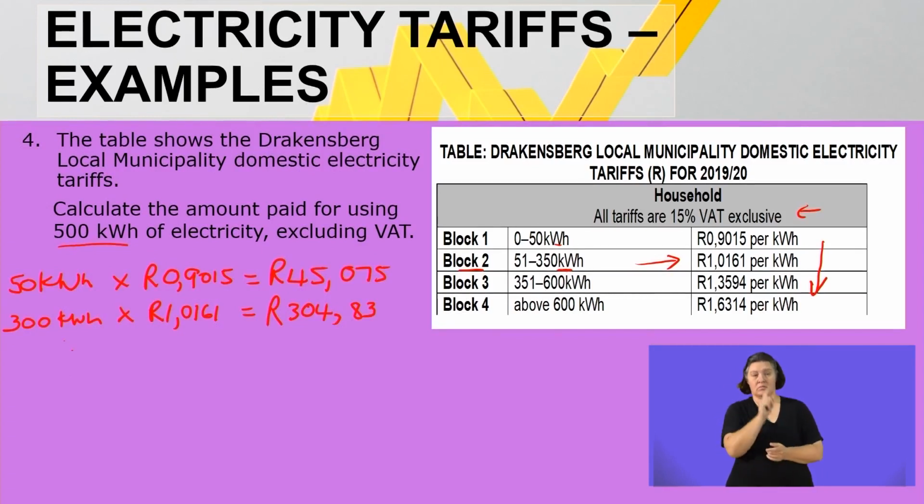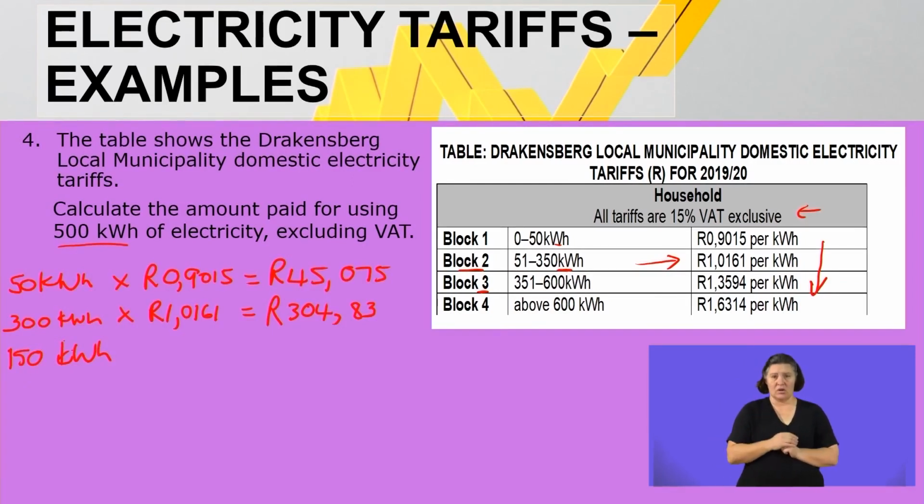So if I look at this, so far we've used up to 350. So therefore I must move on to block number 3. Block number 3 is between 350 and 600 kilowatt hours. But now remember, so far we've used 350. So now to get from 350 to 500, we only will pay for 150 kilowatt hours of electricity. Remember, if you add this together, it will give you your 500.